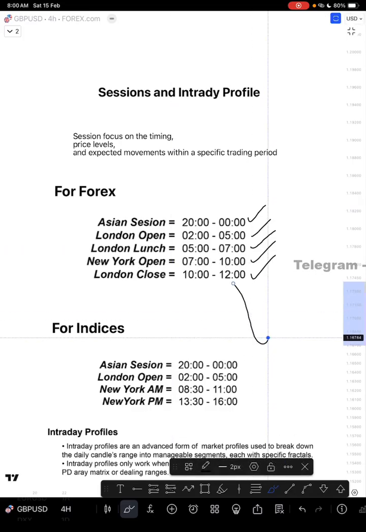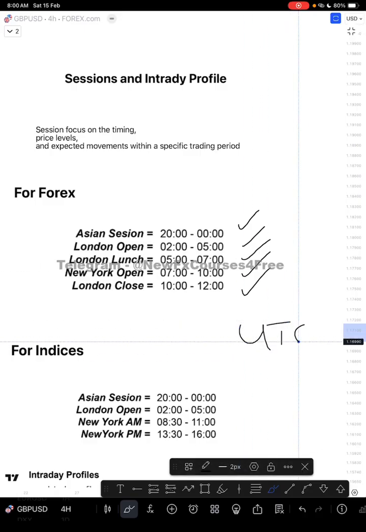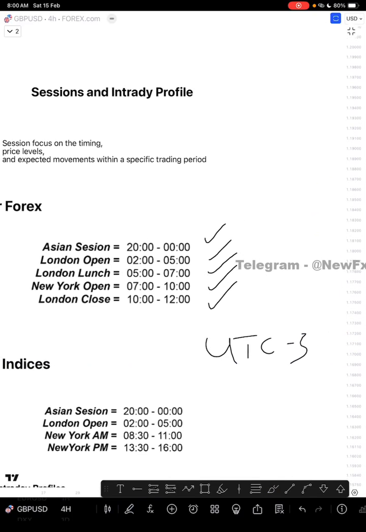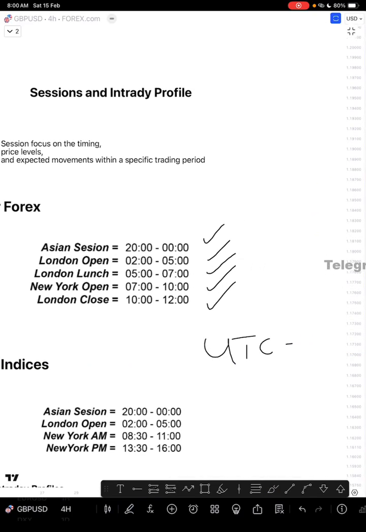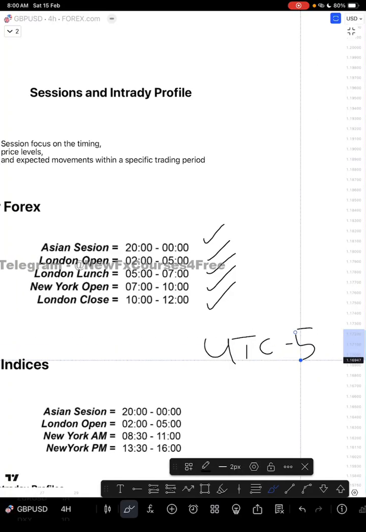So for your time zone, it should be UTC minus 5. That's your time zone. I forgot to put this down. UTC minus 5, New York.